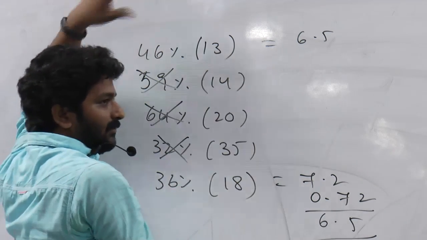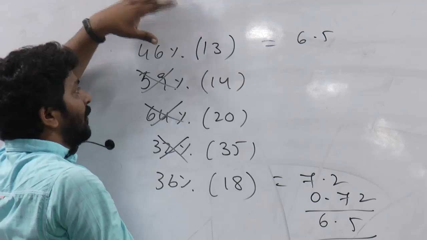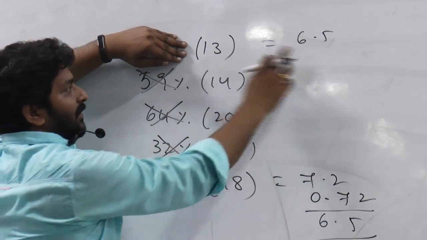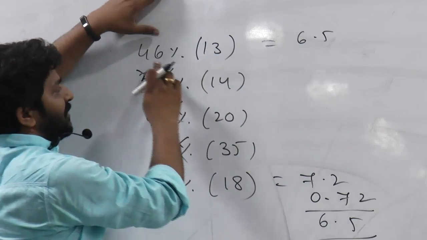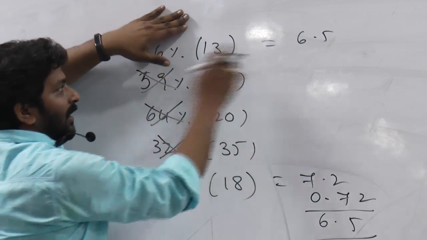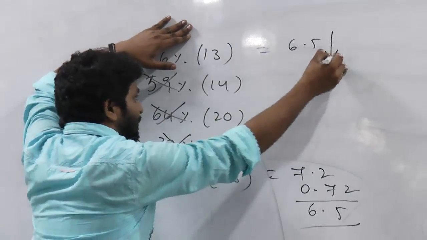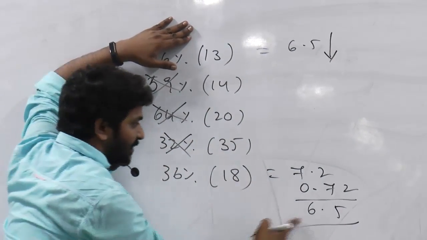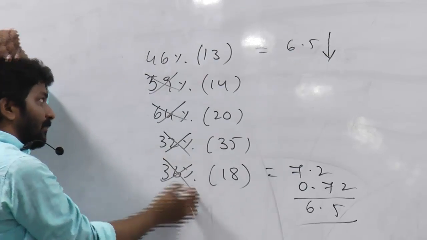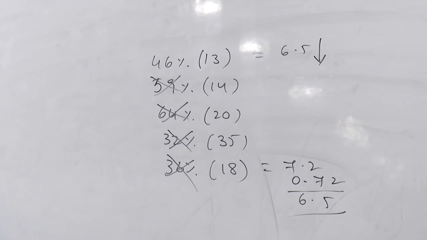Very close to each other. Come on. What is 50% of this number? 6.5, which is 4% less than that. So this is definitely less than 6.5. This is close to 6.5. This cannot be your answer. First one is the answer. First one in the sense Indraprastha.